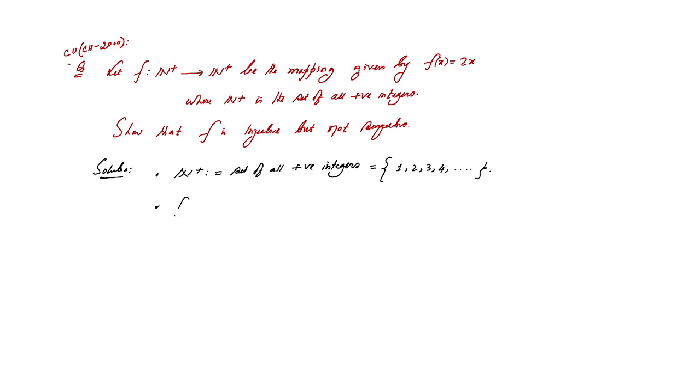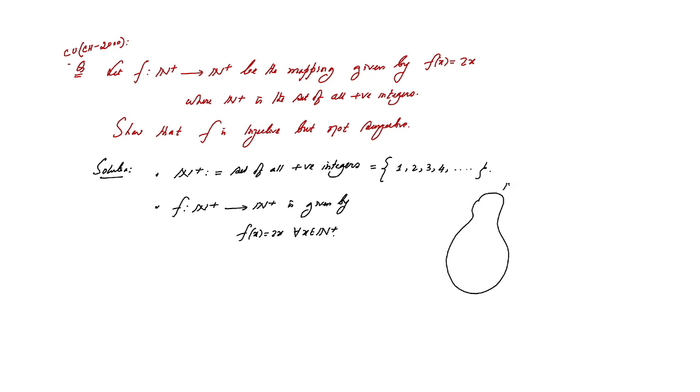It has been given that f from N plus to N plus is given by f of x equals 2x for all x belongs to N plus. So this is your N plus, and again this is N plus.